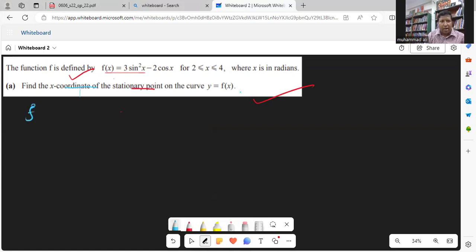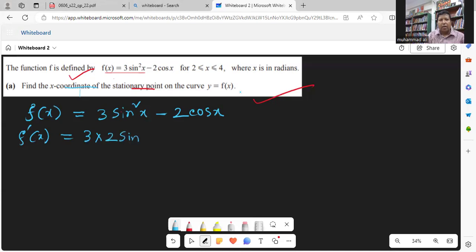At first we write f(x) = 3 sin² x − 2 cos x. So the first differentiation, f'(x) = 3, the 2 comes first, 2 sin^(2−1), that is sin x, times, when you differentiate sin x, it will be cos x, minus 2.